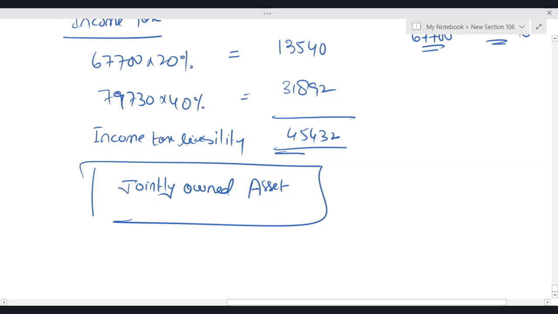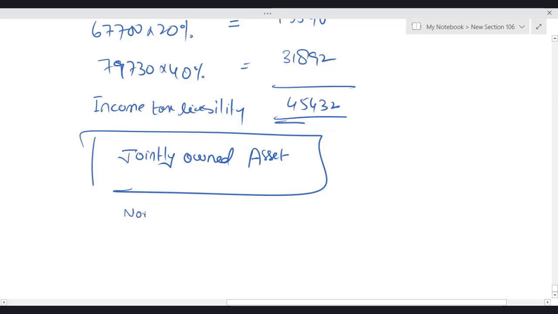If husband and wife want that income to be shared according to their actual ownership, it can only be done if both of them jointly make an election to HMRC. Only then will income be apportioned between husband and wife according to their actual ownership.